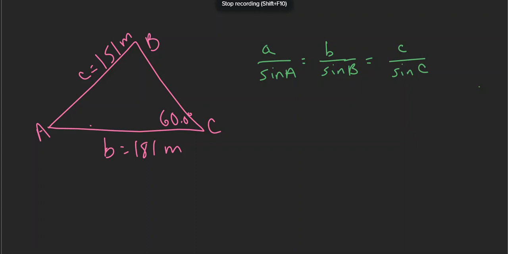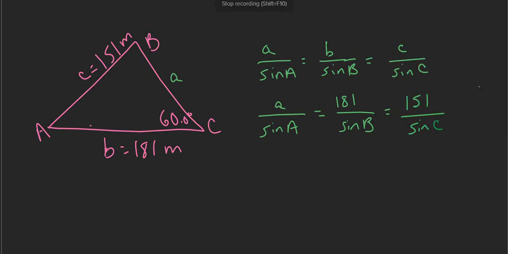I don't know anything about A, so it's going to stay completely with its variables. For B, I know simply the side, but I don't know the angle. And I know everything there is to know about C, so I'm going to put the side on top and the angle on the bottom. I did not grab my calculator before I started this video, so I'm going to grab it real quick.